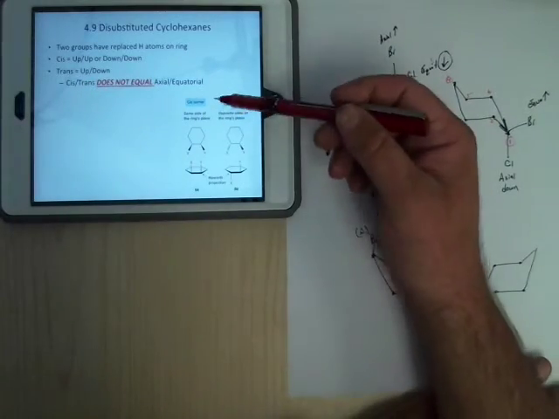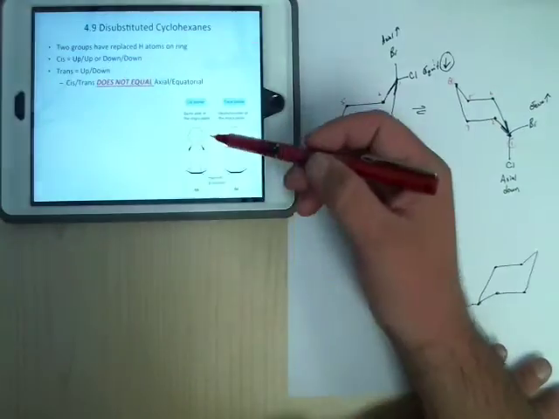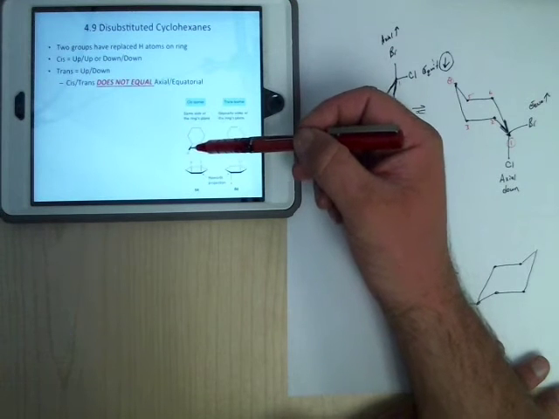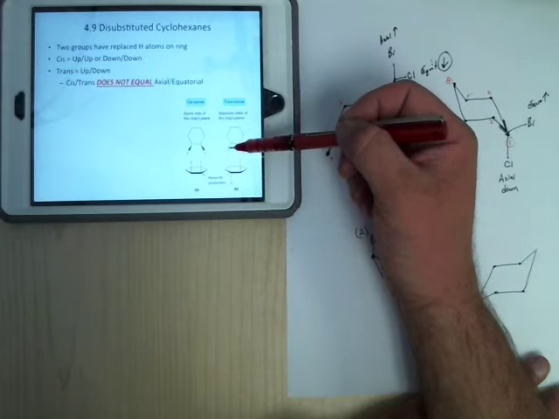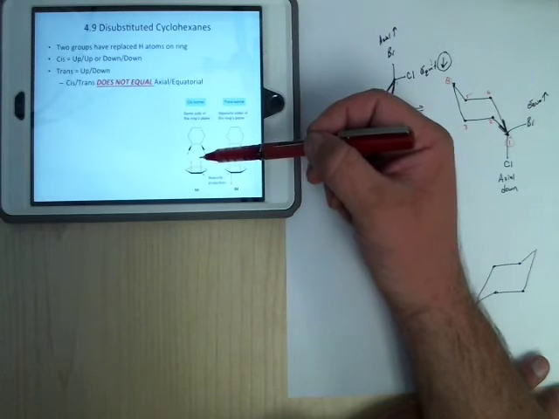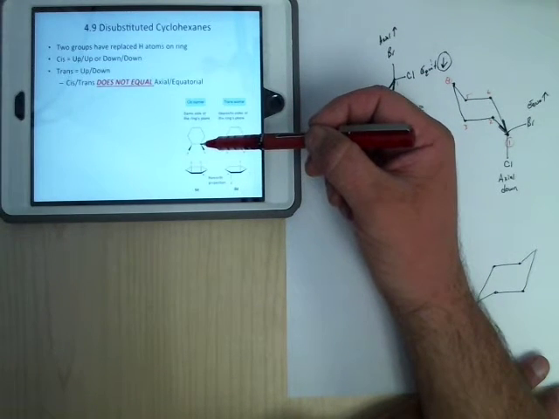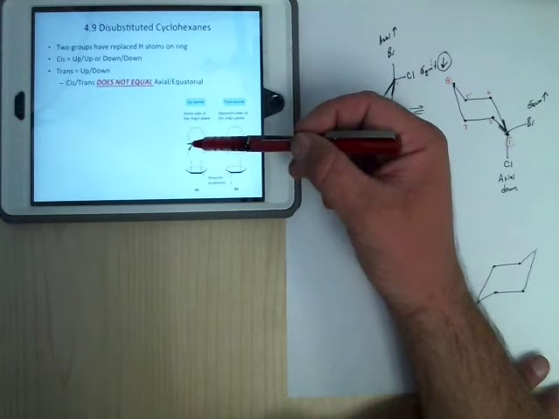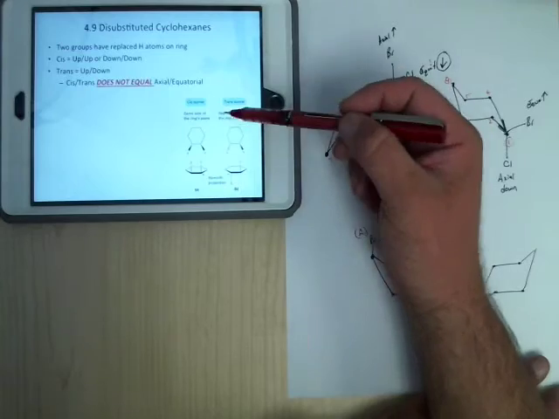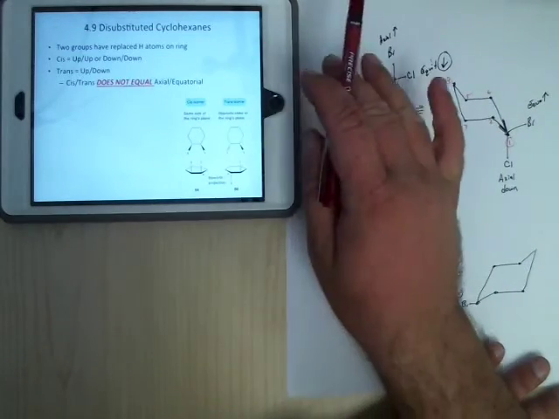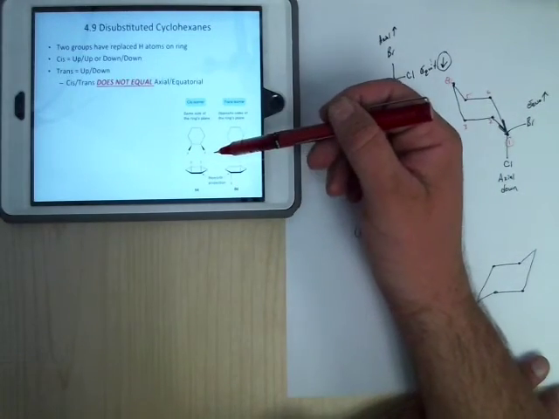If you're looking at it from the top view, typically what we say is if it's a wedge like this, it's up. If it's a dash, it's down. So this is up, up. That is cis. Here's down, up. That's trans. It doesn't matter if they're axial or equatorial.